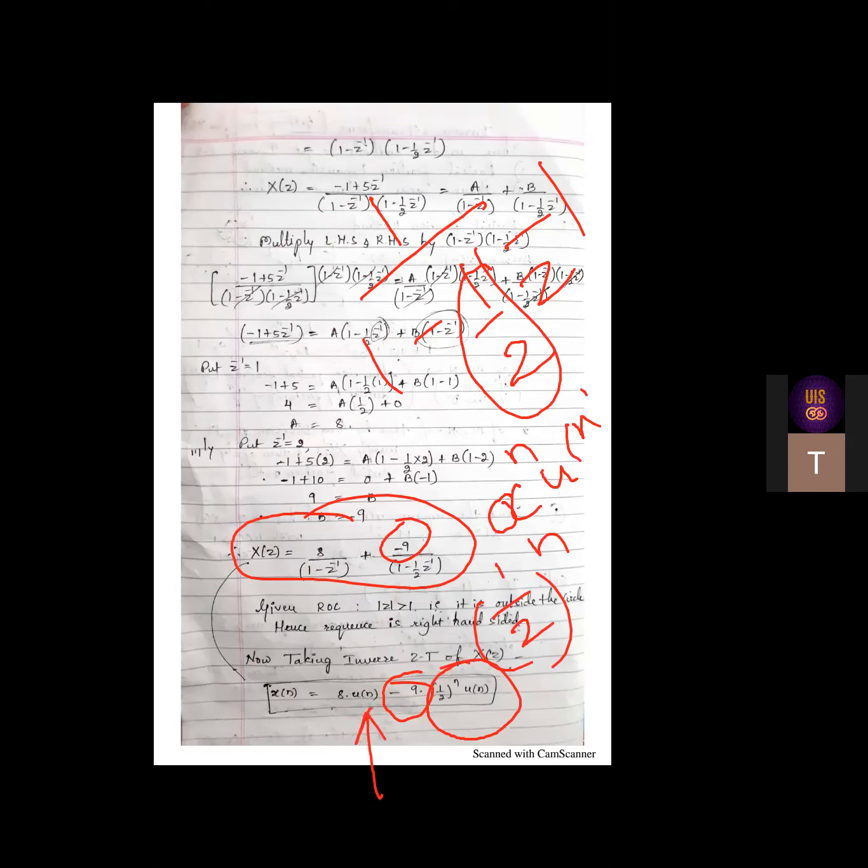Remember why we are using u of n? Because it is given that ROC is greater than 1, the sequence is right-handed, so we are multiplying it with u of n. This is how from x of z we have got the original sequence x of n.